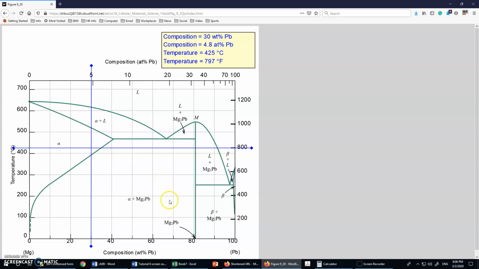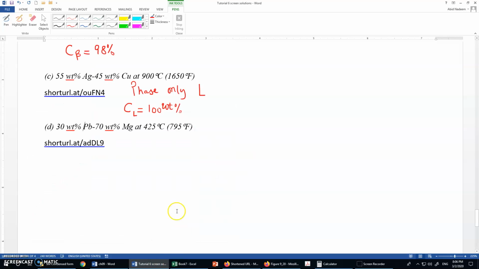So in this case this point is in the single phase alpha. So there is only one phase here, and our answer is alpha.